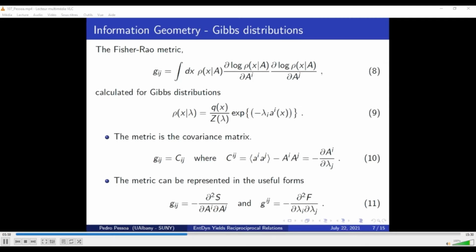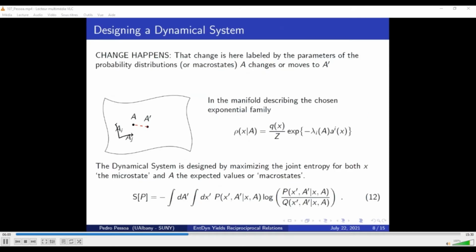With this in mind, we can move into the dynamical process. We are going to say that our probability distribution changes. So far, we have not discussed how they change, nor what makes them change.